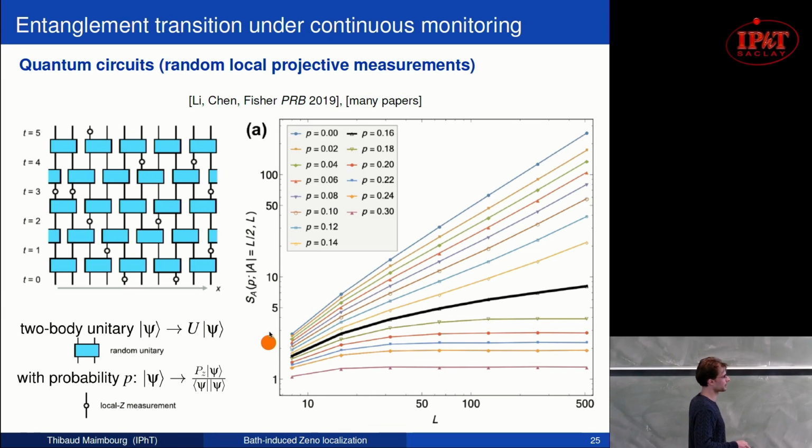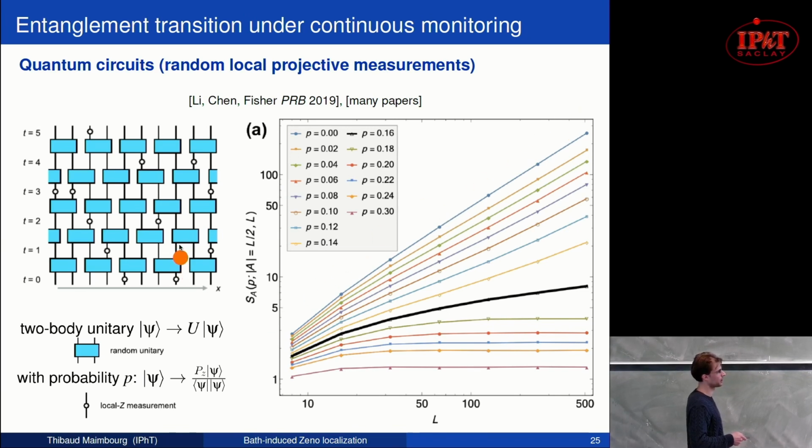And what you see is that if you look at the entanglement entropy of this system, at low probability, so a low number of measurements, you see an extensive entanglement entropy. So you are basically doing thermalizing dynamics of this many-body system.